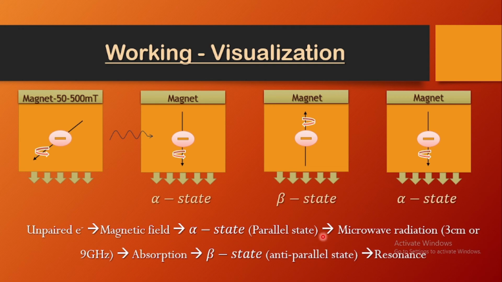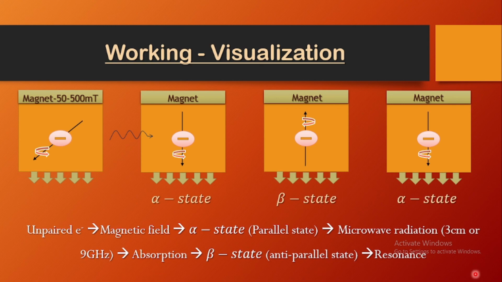And to this alpha state we are going to incident the microwave radiation of 3 centimeter or 9 gigahertz, that is the frequency, and the electron spin is going to absorb this energy and flip, where the spin direction will be opposite to the direction of the applied magnetic field, which is called the beta state or the antiparallel state or higher energy state. And this is what explains the resonance, where the absorption of energy is maximum. And again, if we just block the electromagnetic radiation, that is microwave radiation, we get back the alpha state itself.